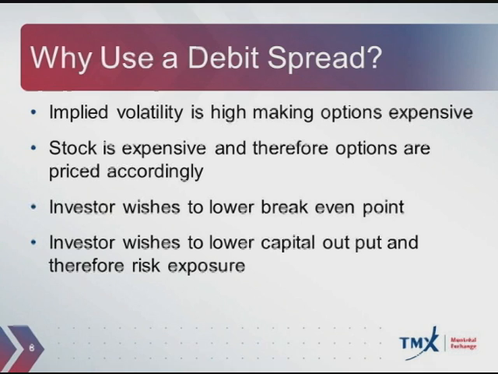If we hold this position until expiration, the stock actually has to be trading above the strike plus the premium, or below the strike minus the premium, in order for us to break even. So by utilizing a spread, we lower that break-even point, and the stock doesn't have to move quite as much for us to get ourselves, as I mentioned, into a position of profitability.